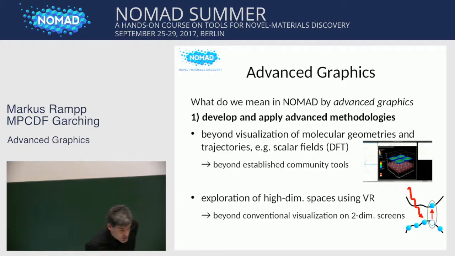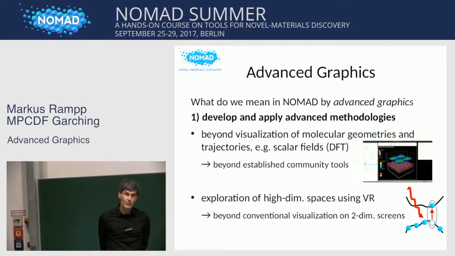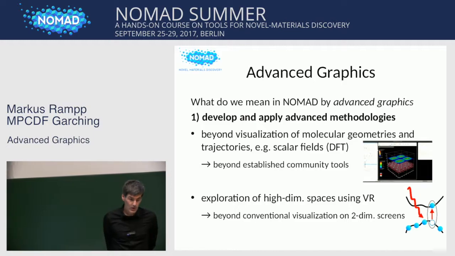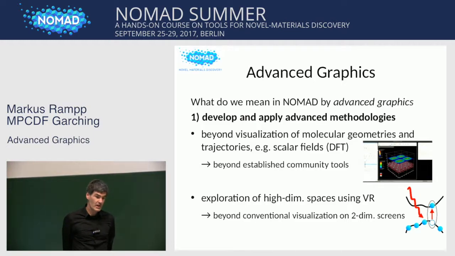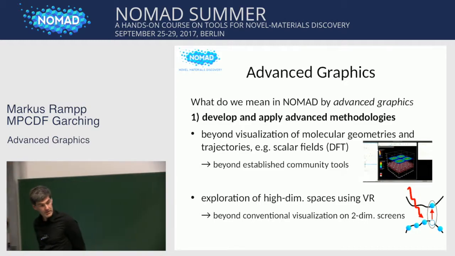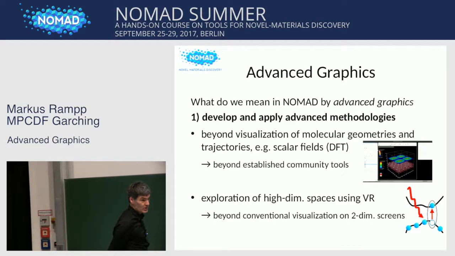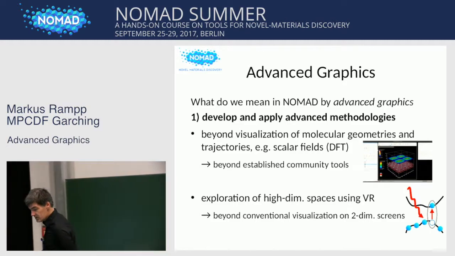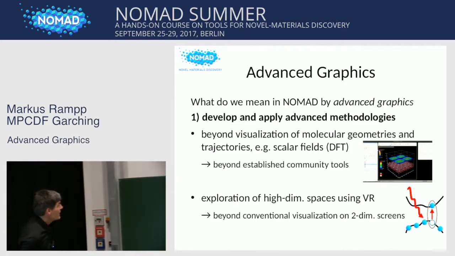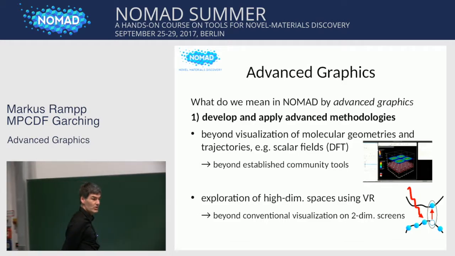Namely, we want to go beyond the visualization of molecular trajectories, let's say, and for example, also give you access to larger and more complex types of data which are present in the NOMAD repository, or in the NOMAD archive, I should say. Second, we would like to enable the exploration of higher dimensional spaces, also abstract spaces, using virtual reality.